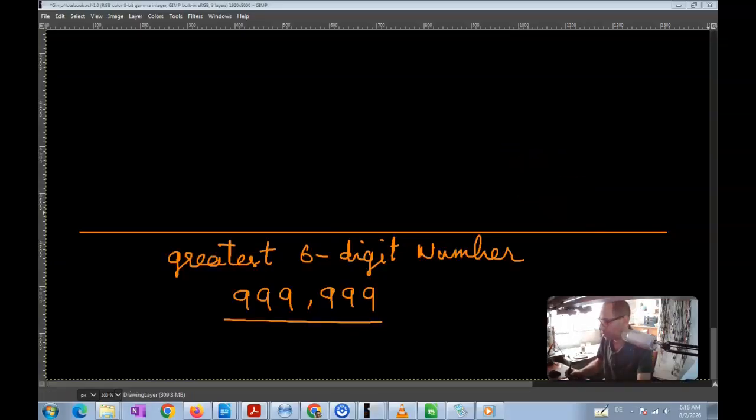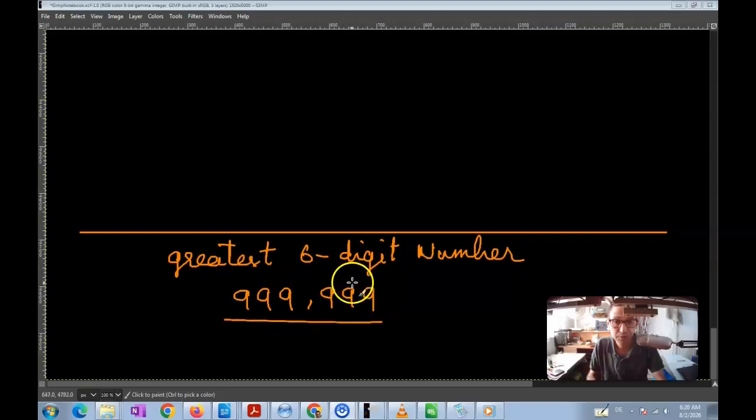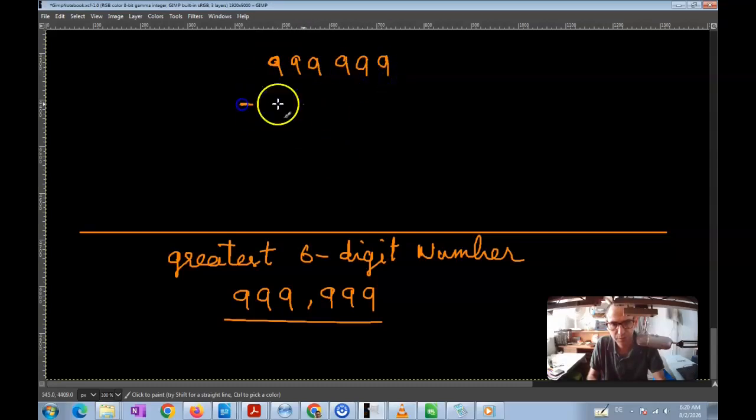So the greatest six-digit number is 999,999. The previous five numbers follow from it. When you want to get to the previous number, you have to subtract 1 from the number, right? So if you subtract 1, you will have 999,998.